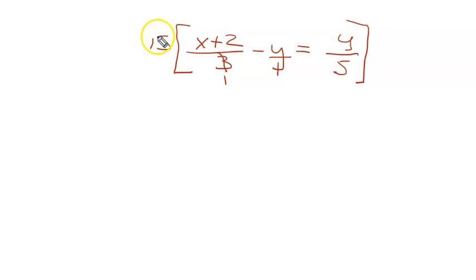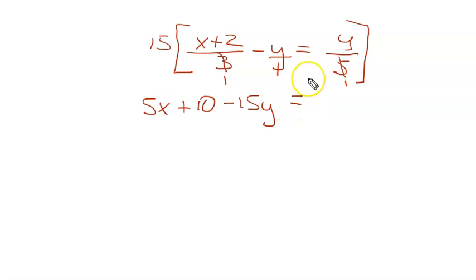This then becomes a 5. 5 times x is 5x. 5 times 2 is 10. Now here, nothing cancels out, so I go 15 times the negative y is a negative 15y. And here, 5 will go into 5 once. 5 will go into 15 3 times. So this side becomes 3y.